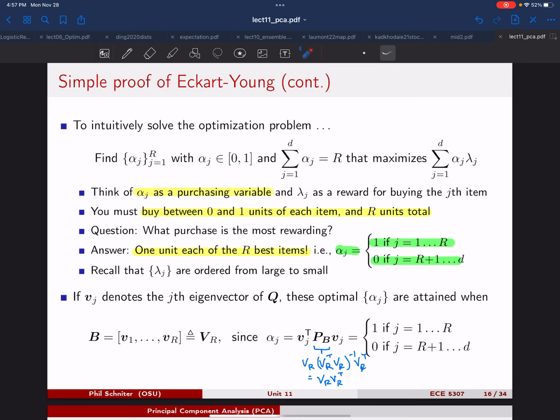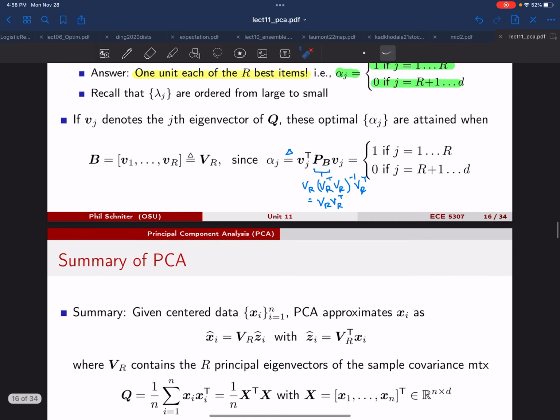And when you multiply those together, you just get a 1 if j is in that range, or 0 otherwise. So finally, we know what our alphas are, and we know how they're defined. This is just the definition from before. And we can see that if we choose B in this way, we're guaranteed to get the solution we want. Okay, so that's basically the proof.